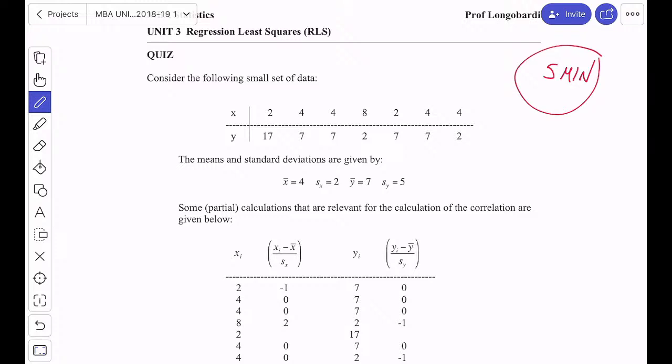All right, I'm back. I wanted you to work on this because it's not just about calculating the values with your calculator.